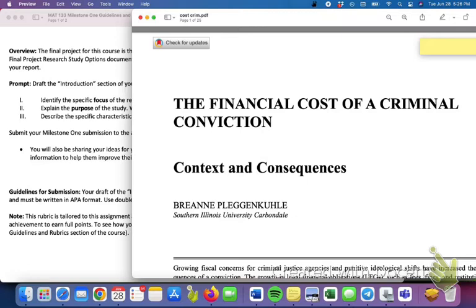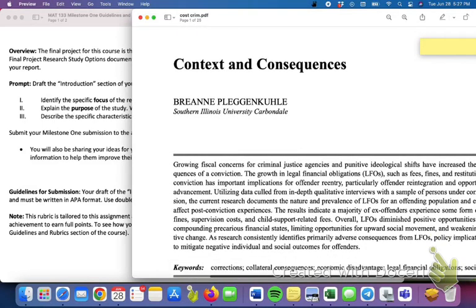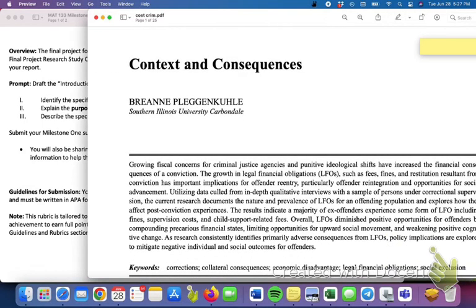So the biggest thing you need to know is the big idea behind the article. The researcher interviewed a bunch of people that have been convicted of crimes. Well, actually, it was just all men that have been convicted of crimes and sought to find out whether or not something called LFOs, which you can see right here in the article, I want to use a highlighter.